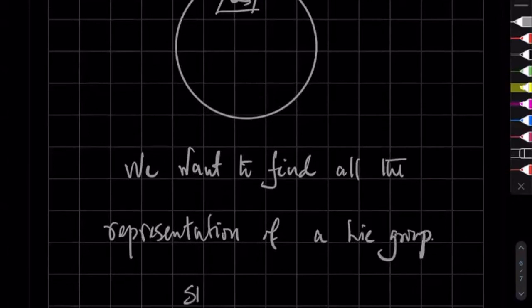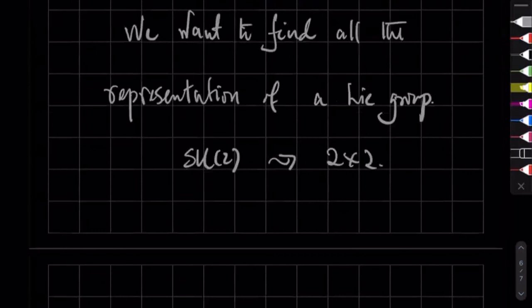For example, we have SU2. SU2 is 2 by 2 matrices, right? But there could be a 10 by 10 representation of SU2, and there is. There could be a 155 by 155 representation. Suppose you have a quantum mechanical system which has that many degrees of freedom, and you're rotating it. You'll have to find the appropriate matrix that acts on that system. So how do we do this? We first find the representations of the Lie algebra.